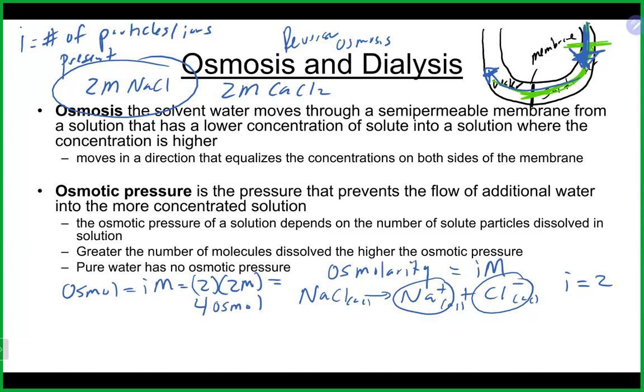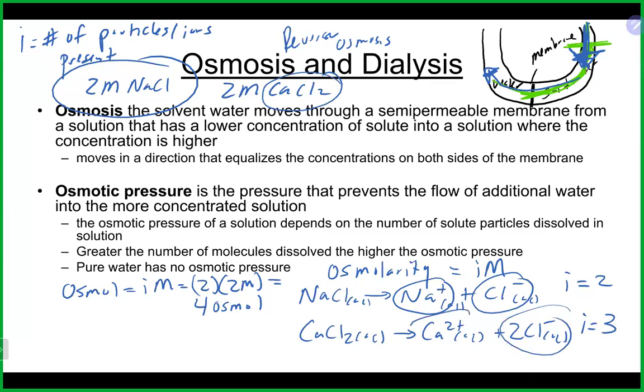Now, if we did this exact same calculation for the calcium chloride, it would break apart in solution into 1 calcium ion, and we would get 2 chloride ions. So i, in this case, should equal 3. 2 chloride ions and 1 calcium is a grand total of 3 particles floating around in that solution for every one that you put in there.